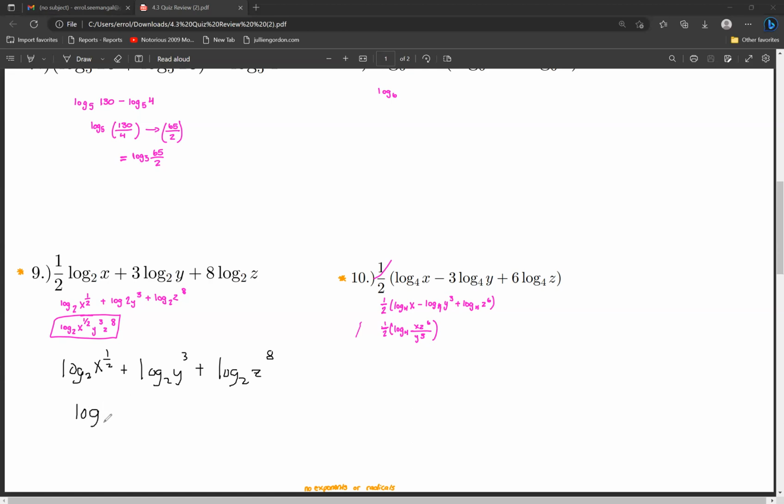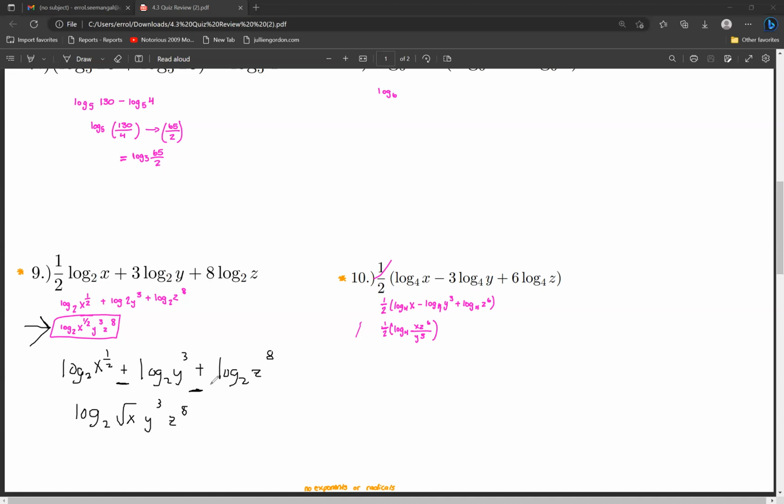So the one log answer would be log_2 of root x, you can say root x or x to the half, same thing, y^3 z^8. Okay, I don't have to put the plus there. Which is this line. See this plus right here and this plus right here? The notes that you sent me, was that yesterday?